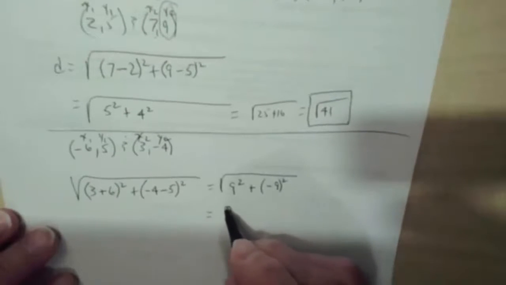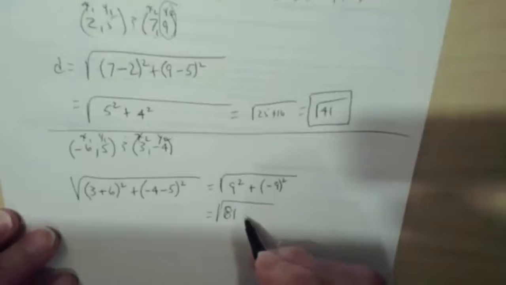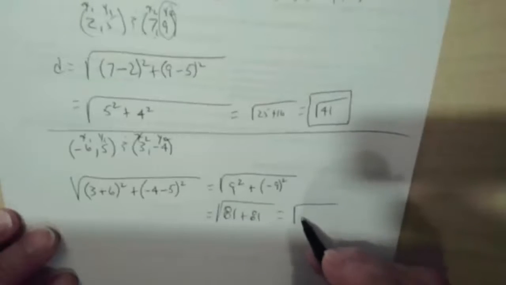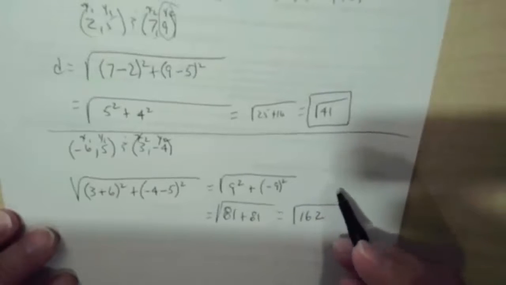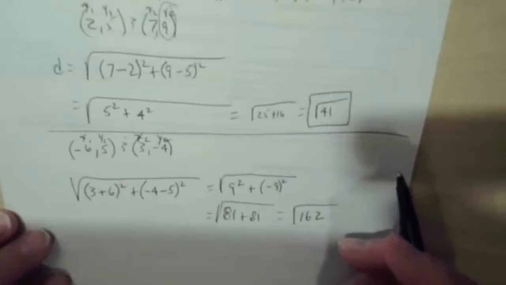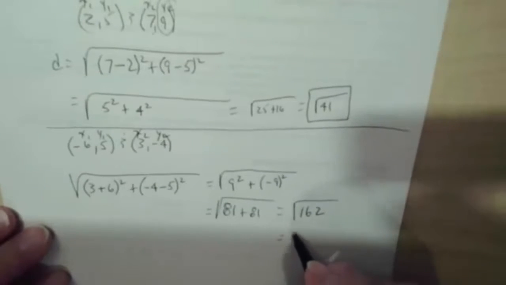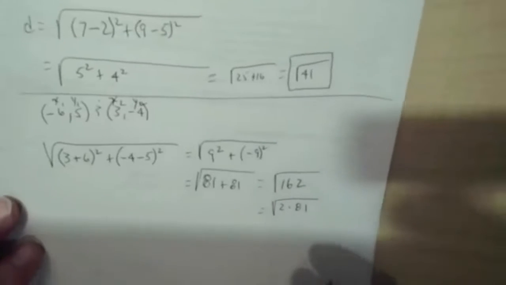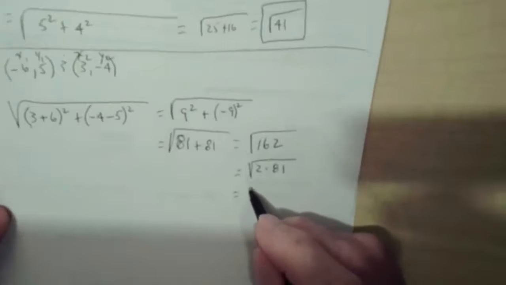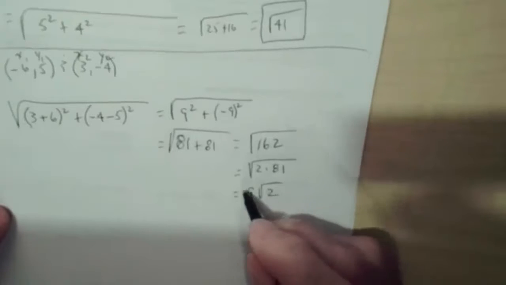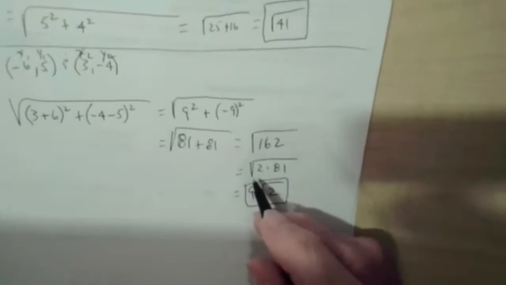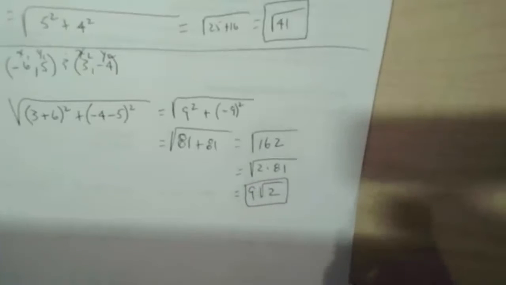So we have 81 plus 81, which is the square root of 162, I think. Now 162 is 2 times 81. Right. So this equals 9 times the square root of 2. Right.